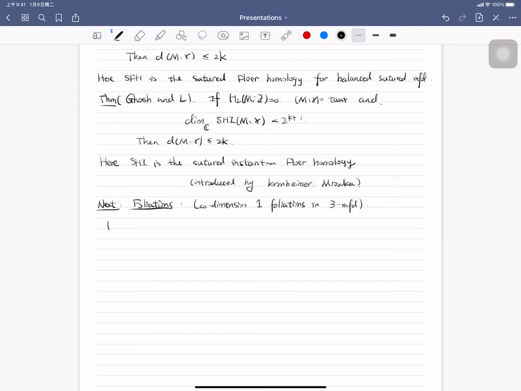So locally, the leaves of a foliation look like the horizontal plane.